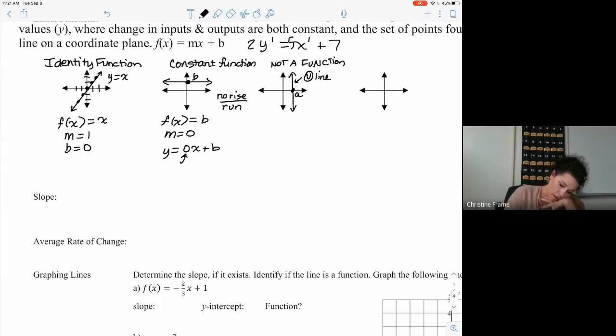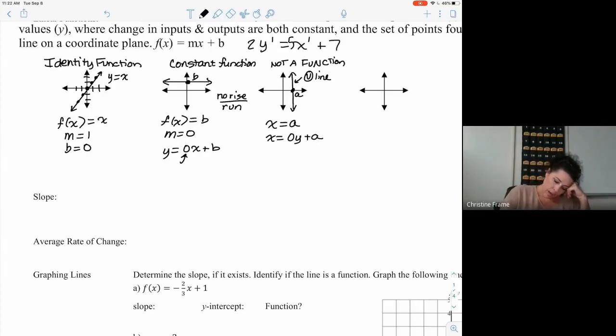And so the equation for this is x equals A. Notice it doesn't have a y-intercept in this case, or it could look like this, x equals 0y plus A. Okay, and when it's solved for x instead of y, then it's run over rise versus rise over run.